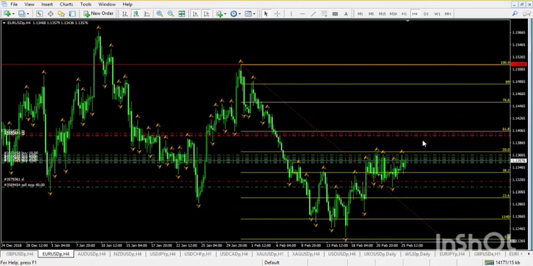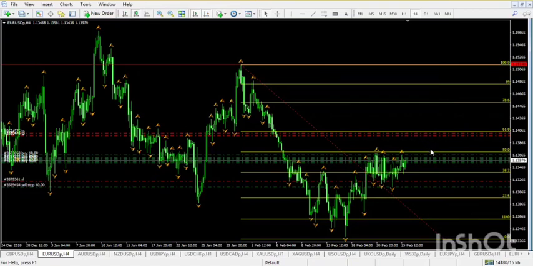So if this has broken 50, it's going to hit the 61 level. But if the 50 has been broken and it hits the 61 level, what happens? It is warning you that your trend is going to be an uptrend.